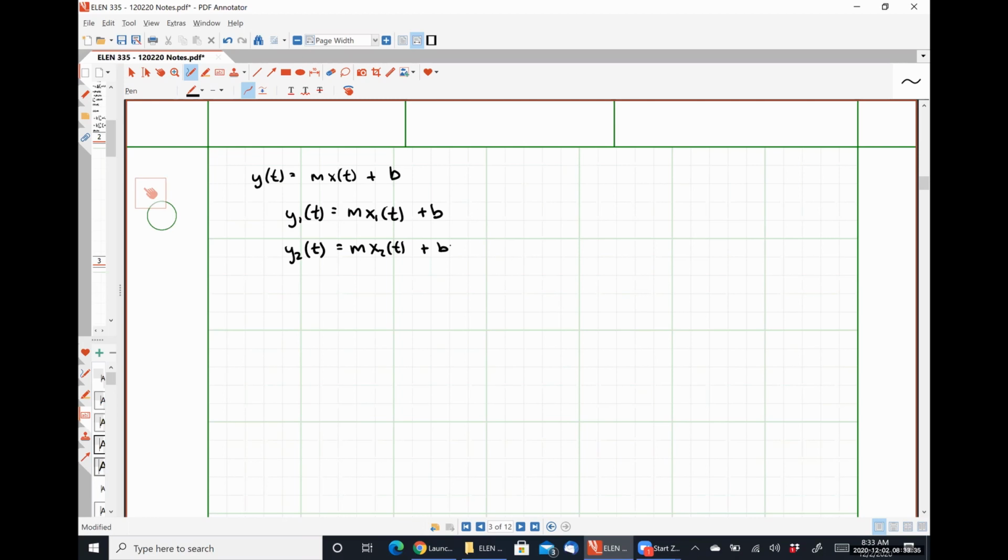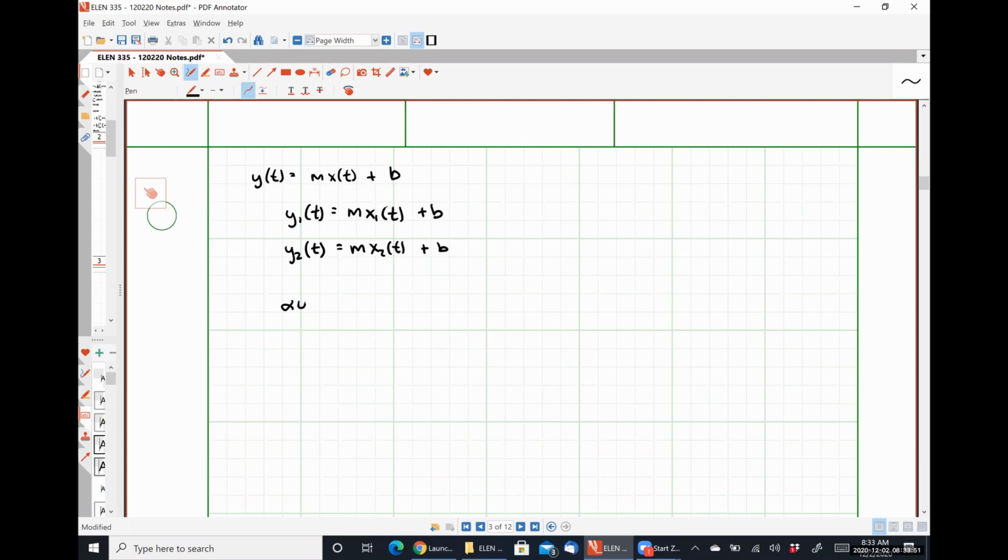The homogeneity property tells me to scale explicitly. If I scale my input, I get to scale my output. So I'm going to scale the top equation by alpha and the bottom one by beta, and add them together.